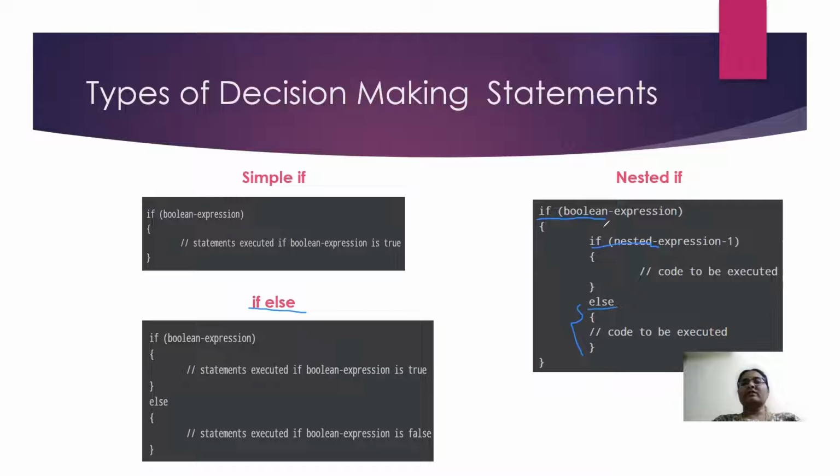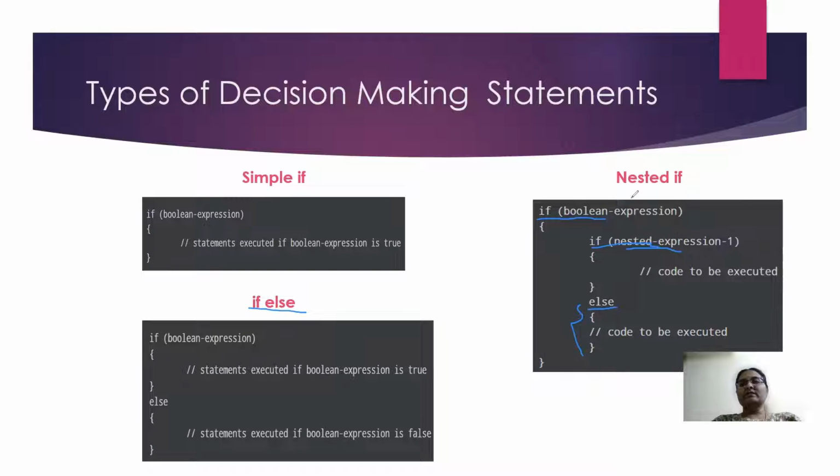For the scenario I mentioned, to check whether a person is eligible to donate blood or not, first you have to check the age. In the outer block, you can check the age of the person. If the person is eligible based on the age, then in the inner block, you can check the weight of the person.